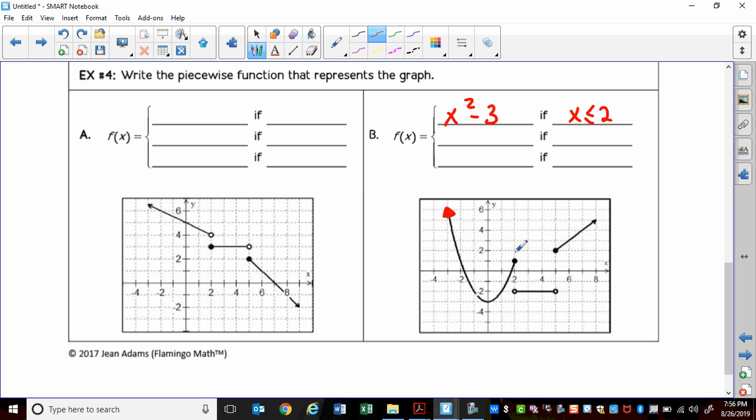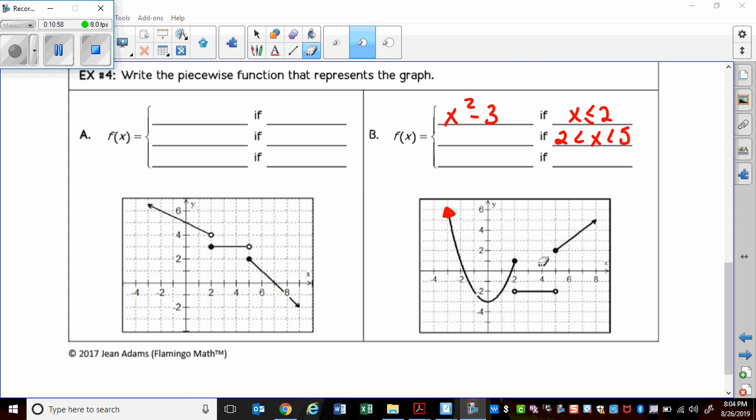Now in between 2 and 5, so 2 to 5, they're both open circles, so x has to be less than 5 and x has to be greater than 2. We have to use this line. And this is a horizontal line, which, remember Huxley, horizontal line is undefined, and then V-O-Y, vertical line.